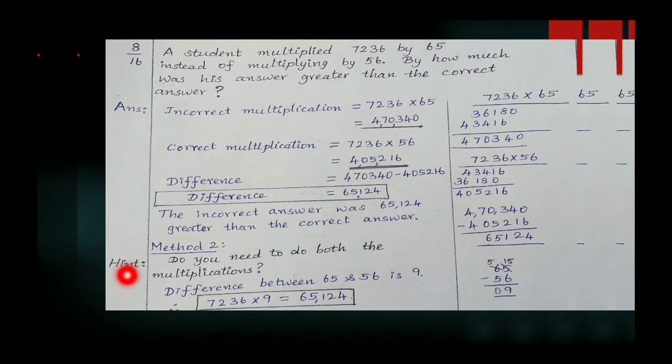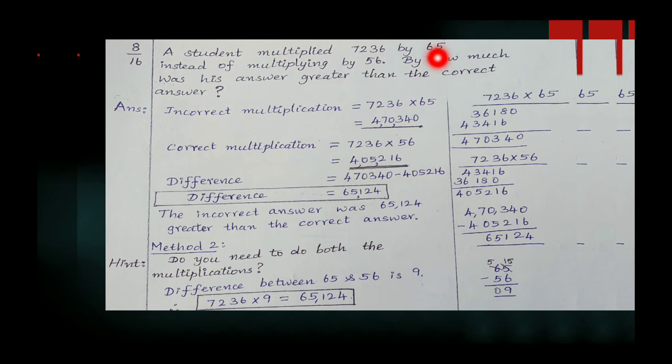Method 2. One more hint was given in the question itself. Do you need to do both the multiplications? So it means there is a way without doing two multiplications. Let us see how to do this interesting one.